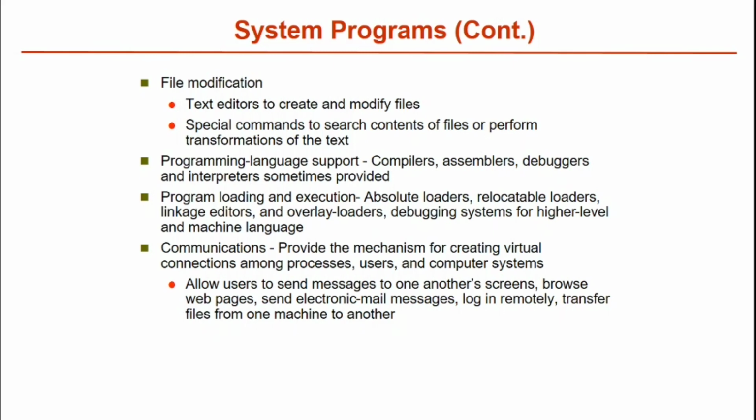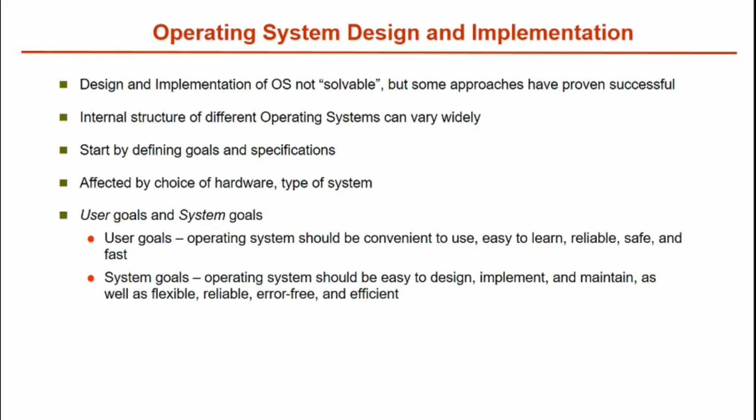Program loading and execution includes absolute loader, relocatable loaders, linkage editors, overlay loader, and debugging systems for high-level and machine languages. Communication provides a mechanism for creating virtual connections among processes, users, and computer systems. So these are the various system programs we saw in this topic.